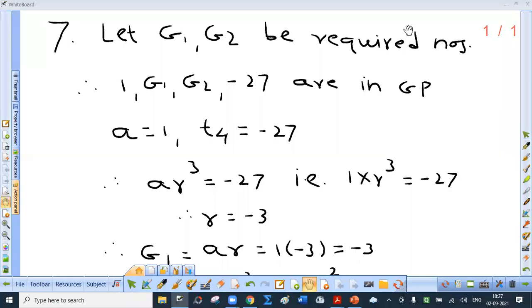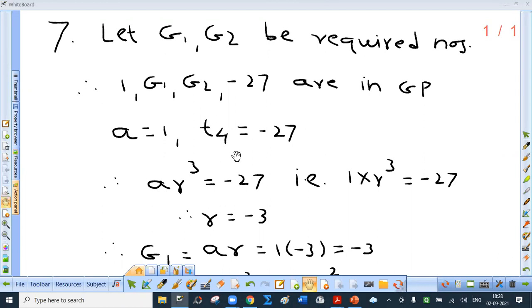Sum number 7. Insert two numbers between 1 and minus 27 so that the resulting sequence is a geometric progression. Let G1, G2 be the required numbers so that 1, G1, G2, minus 27 are in geometric progression. For this geometric progression, the first term is 1 and minus 27 happens to be the fourth term.